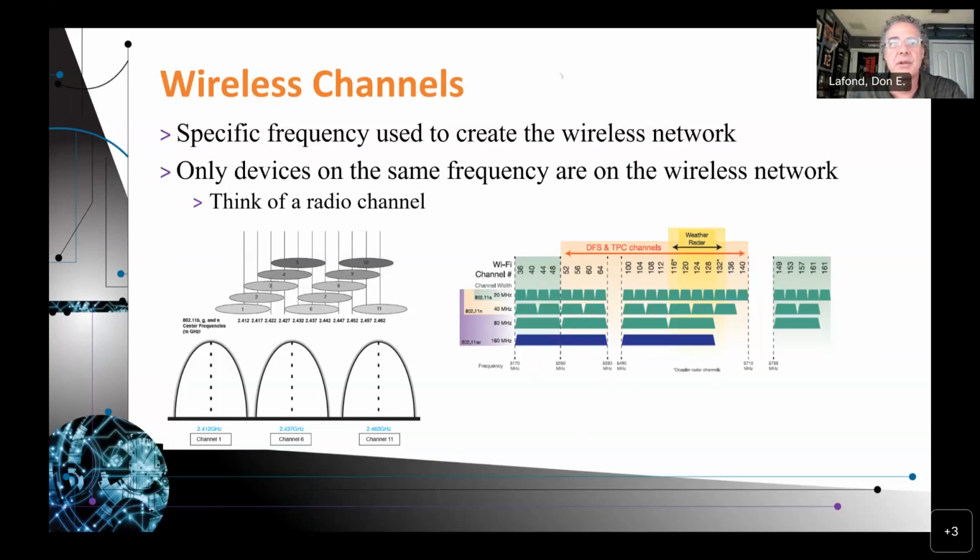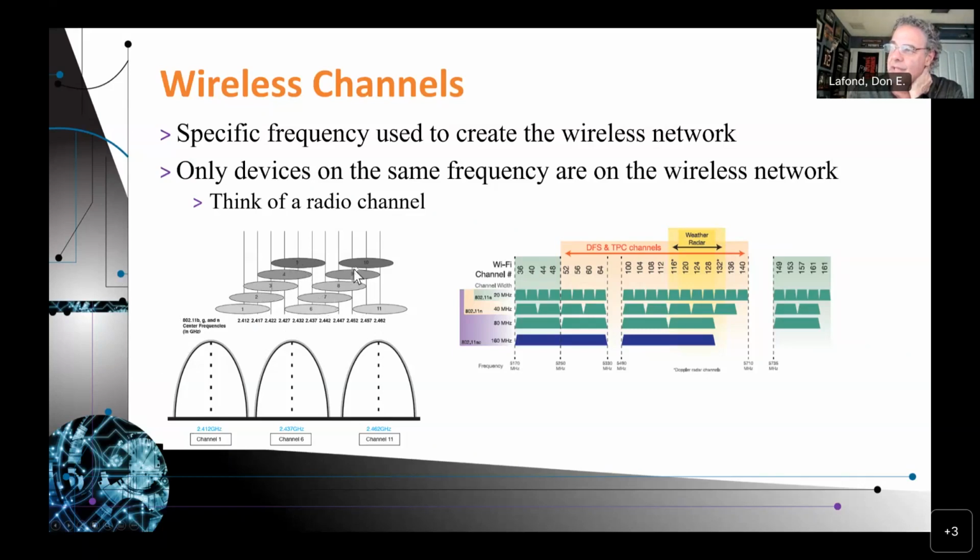What they're showing you here is your 2.4 gigahertz spectrum, which is going to have a number of channels. In this case, they're showing you 11 channels, and they're showing you that the signals overlap.